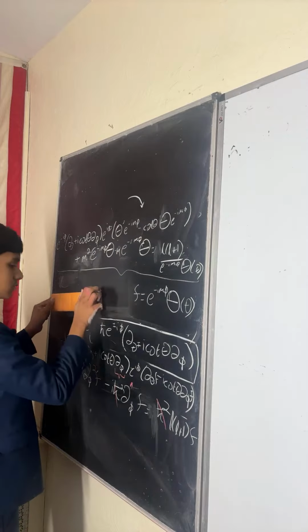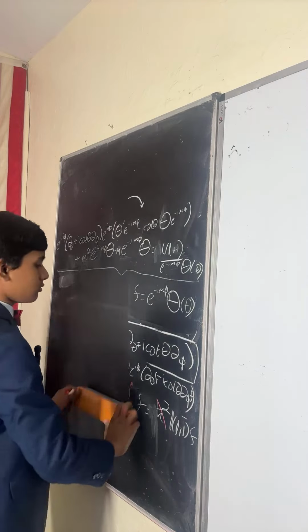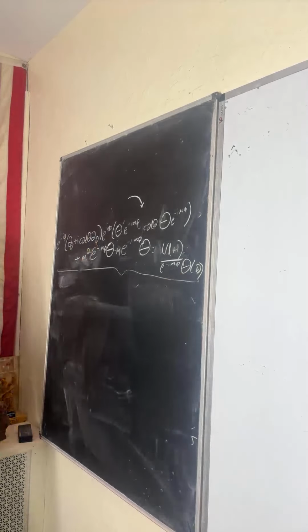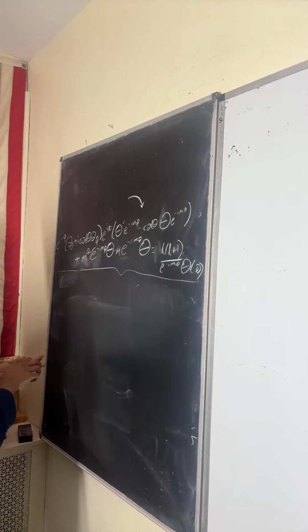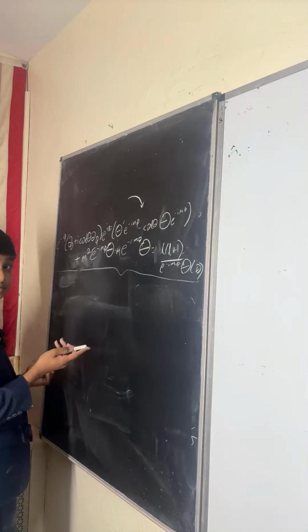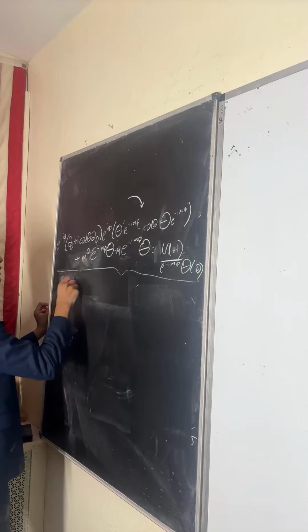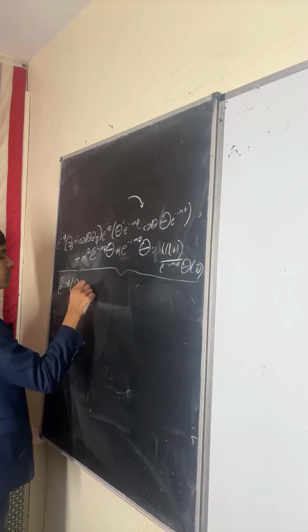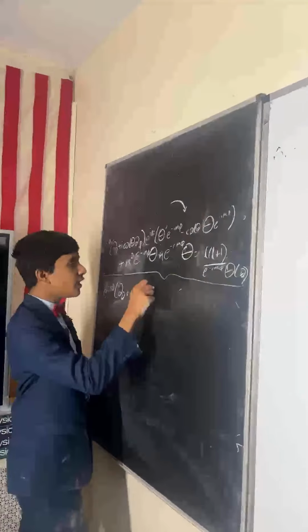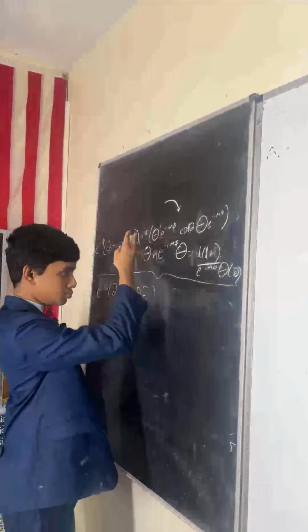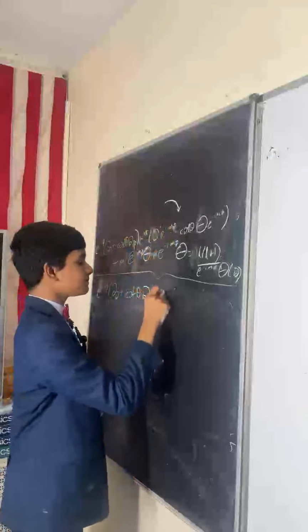And so, we distribute the guys from up there. And what do we get? Well, we get e to the minus i phi partial theta plus i cotangent theta partial phi. What happens when you distribute this?